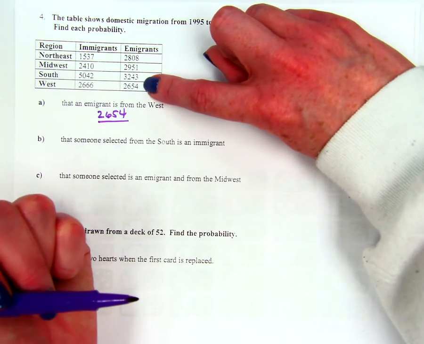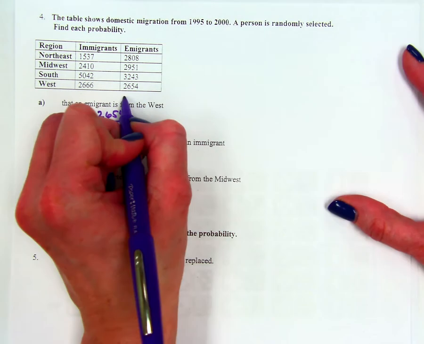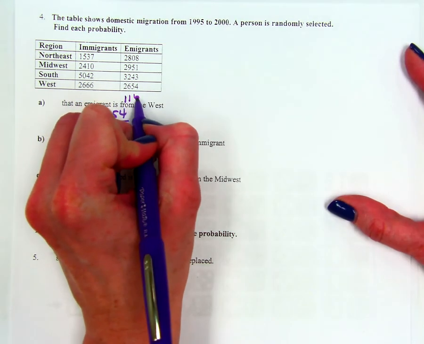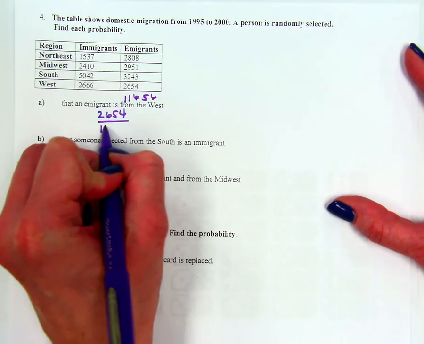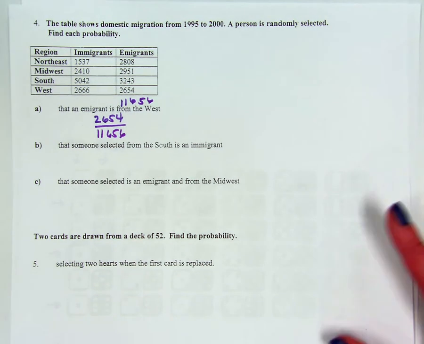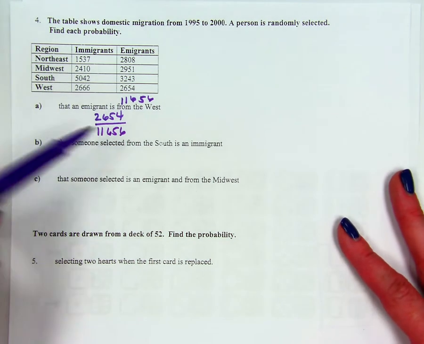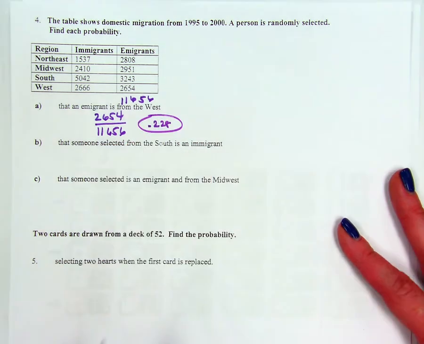What's our total, though, for this? So we're going to take our total from all of our emigrants, which is 11,656. So we're going to do that over, and then we're just going to plug that into our calculator. So you're going to divide 2,654 by that, and you're going to end up with 0.228 there.